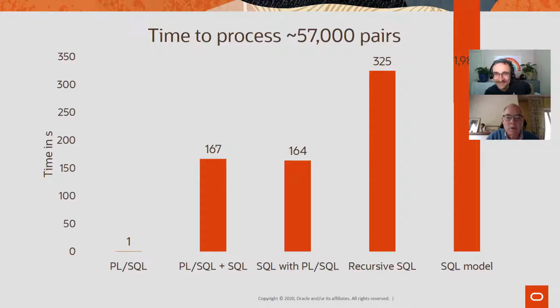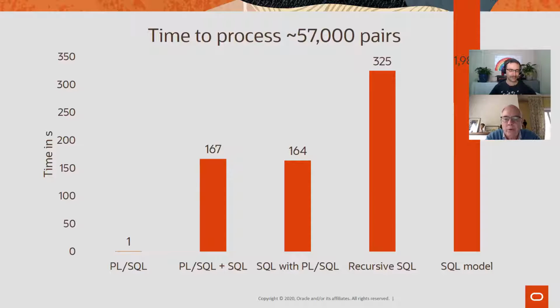Yep. So you'll see the third column, SQL with PL/SQL, is the Judith Menzel solution. And what I think makes it a bit faster than the one on its left is the fact that it puts the PL/SQL function in a WITH clause.